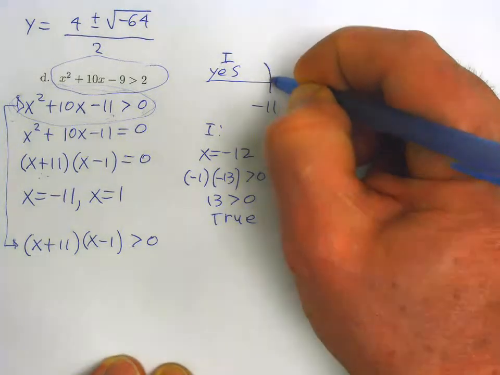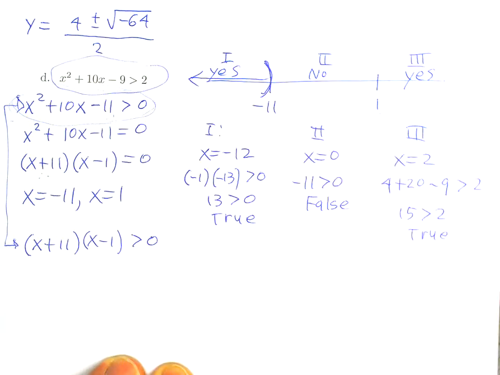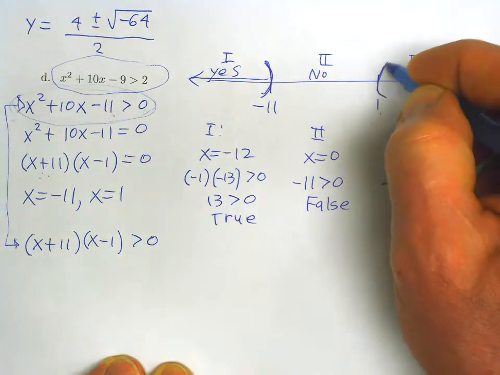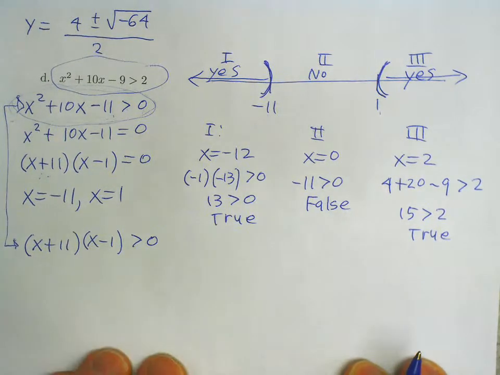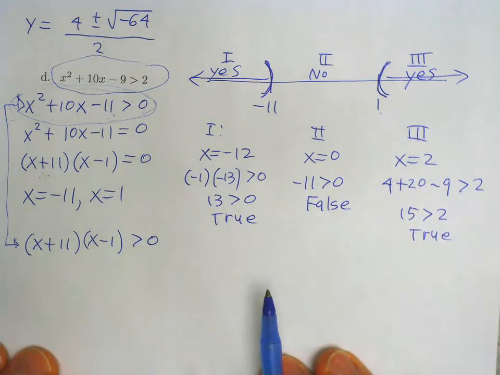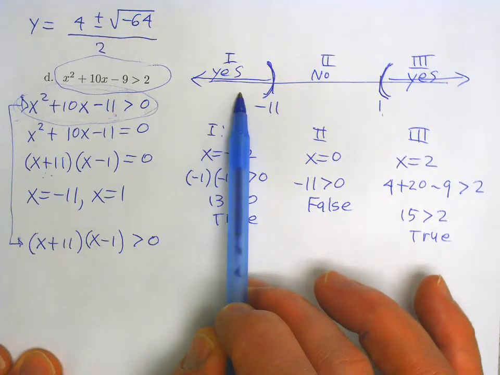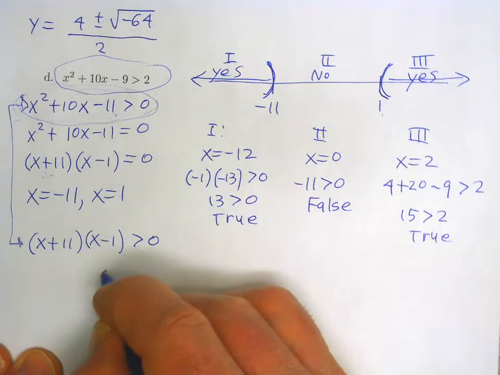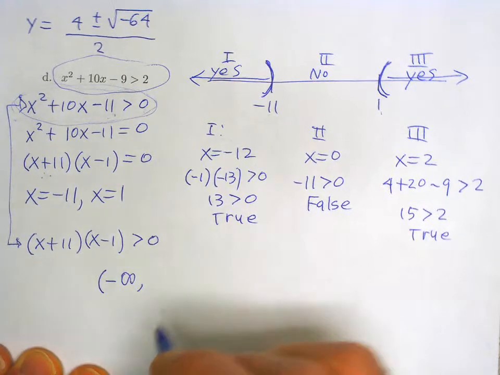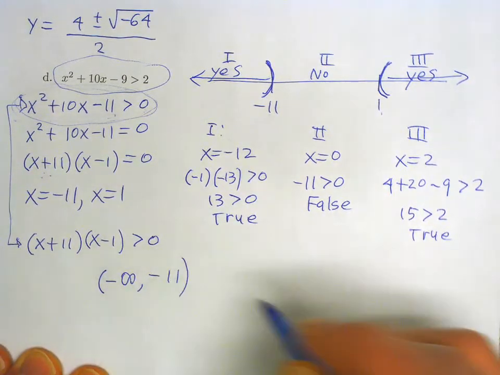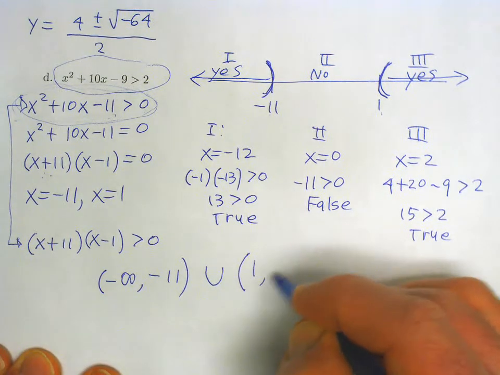Okay, so graphically we put a parenthesis at negative 11 and shade to the left, put a parenthesis at 1 and shade to the right. And then the interval notation of the solution is parenthesis negative infinity, comma, negative 11, parenthesis, and then union, parenthesis 1, comma, infinity.